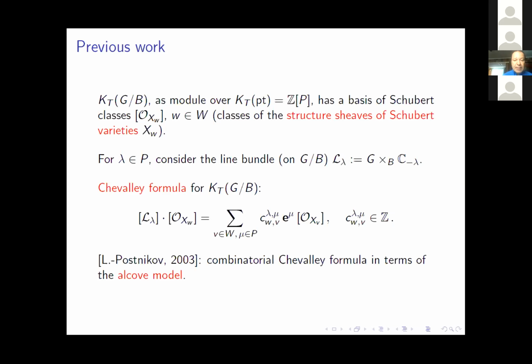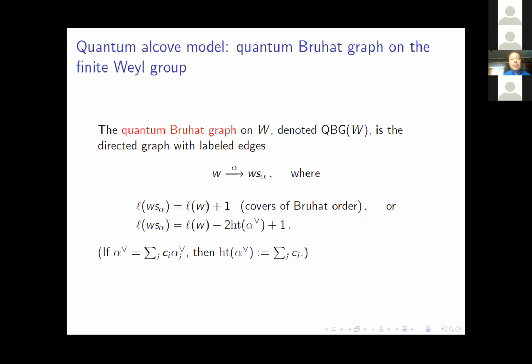So with Alex Postnikov in 2003, we gave a combinatorial such formula in terms of the alcove model. But now we need a more general model called the quantum alcove model. And the foundation for this model is a structure called the quantum Bruhat graph on the finite Weyl group. So you take the finite Weyl group, think of S_n in type A, denoted QBG(W).